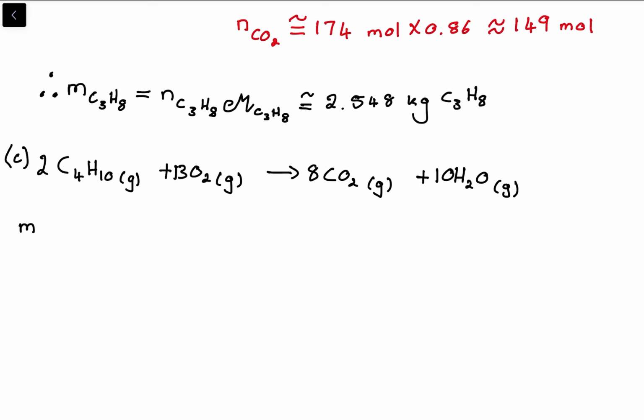We're given a mass of butane, C4H10, which is 1,460 gram, which is going to give us the number of moles of butane as 25.120 mole butane.